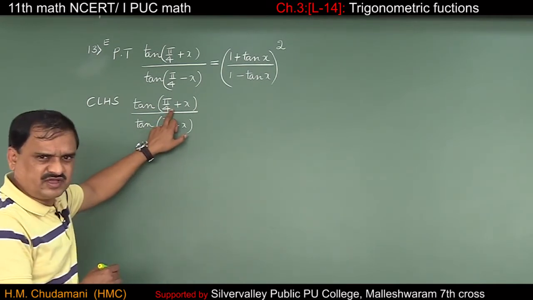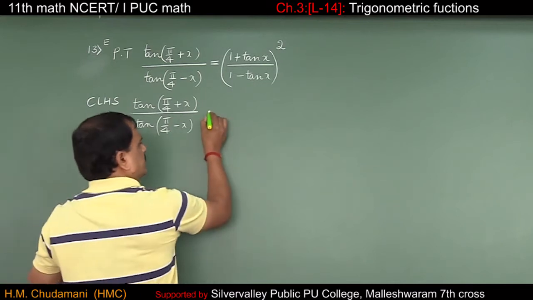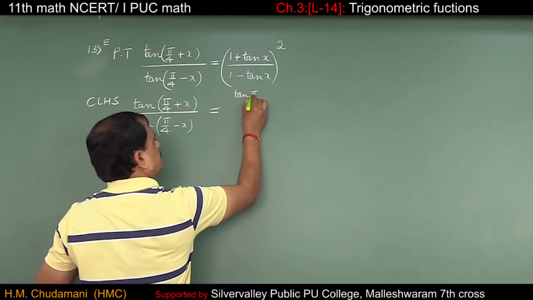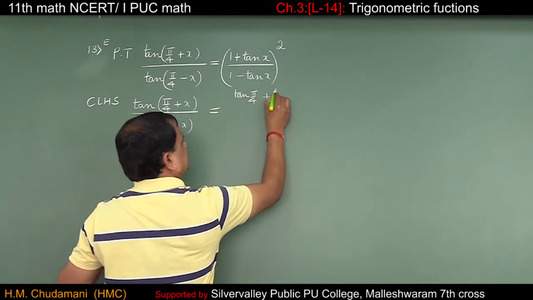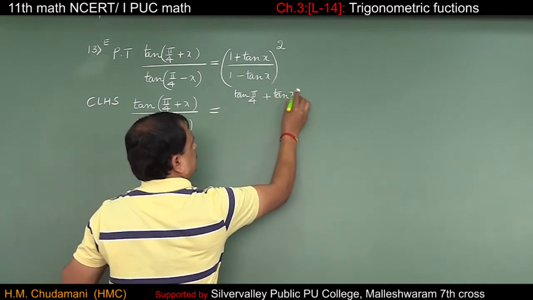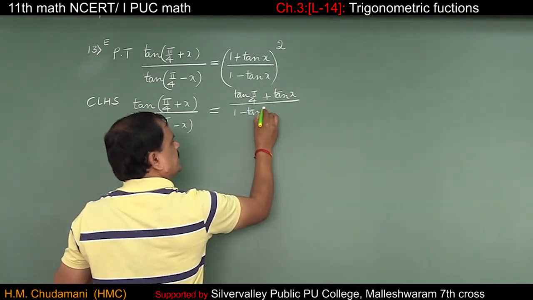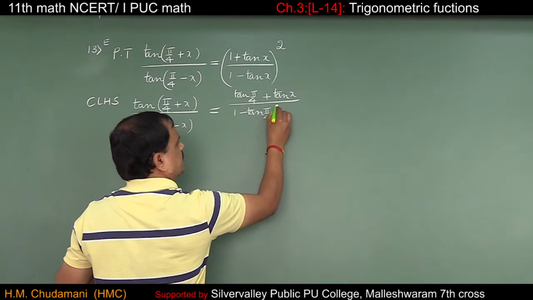Here a is pi by 4, b is x, so that we get tan pi by 4 plus tan x divided by 1 minus tan pi by 4 into tan x.